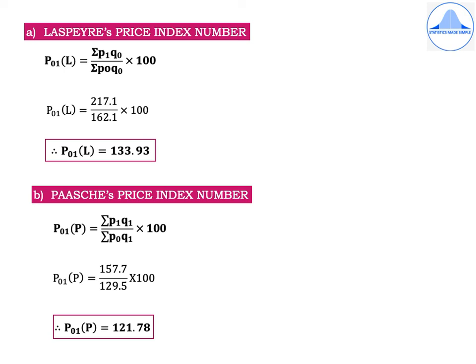Second subdivision, Paasche's price index number P01 of P is equal to summation P1 Q1 divided by summation P0 Q1 into 100, which is equal to 157.7 divided by 129.5 into 100, or P01 of P is equal to 121.78.